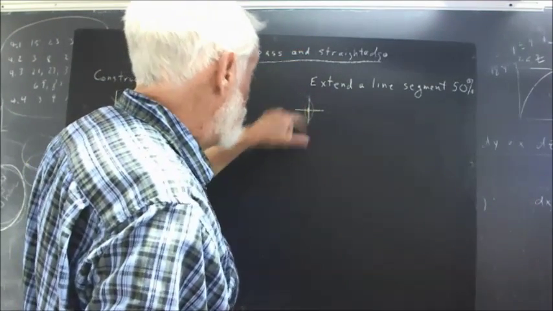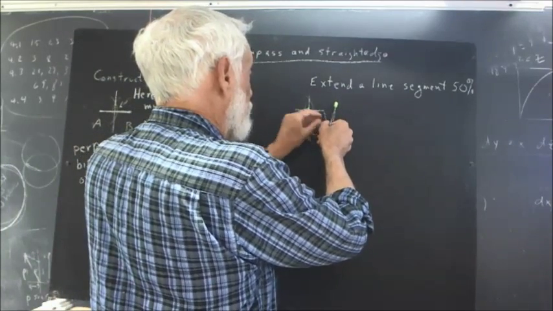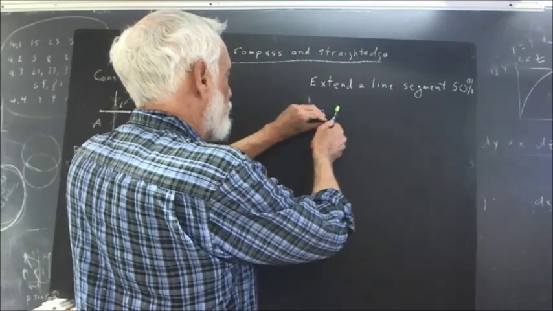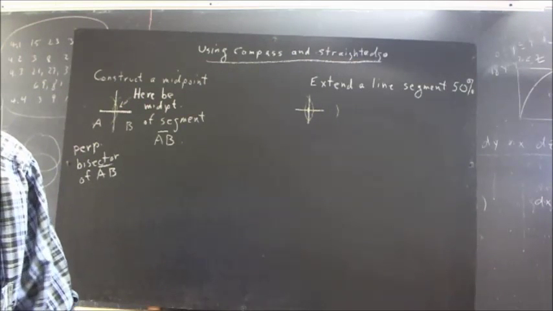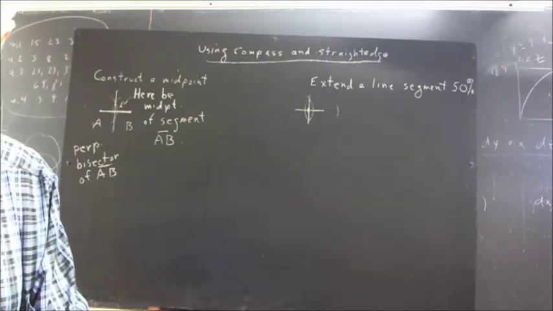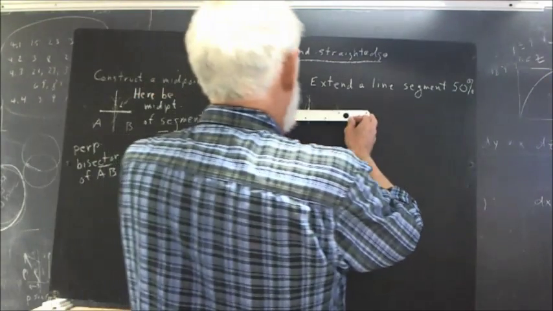Okay, well, that's 50% of the length of the line. Now we go out to this end of the line segment and we mark a point. And now we have a segment that's 50% longer than the original.